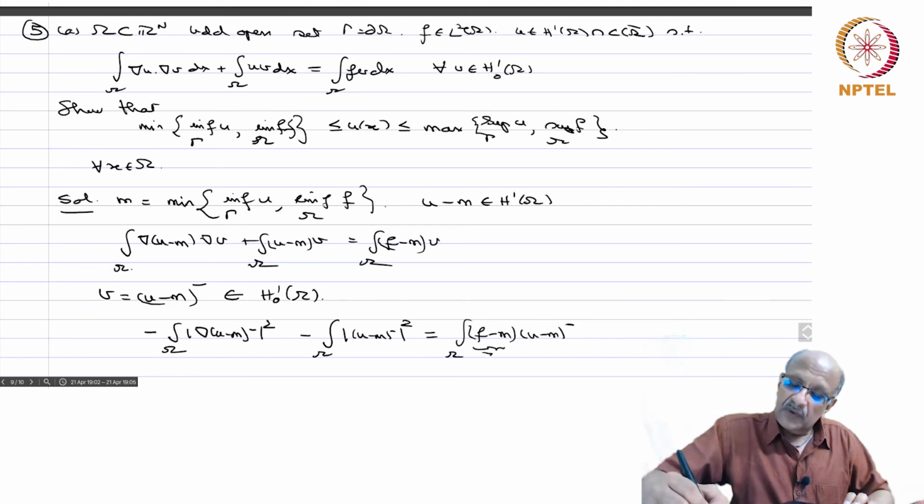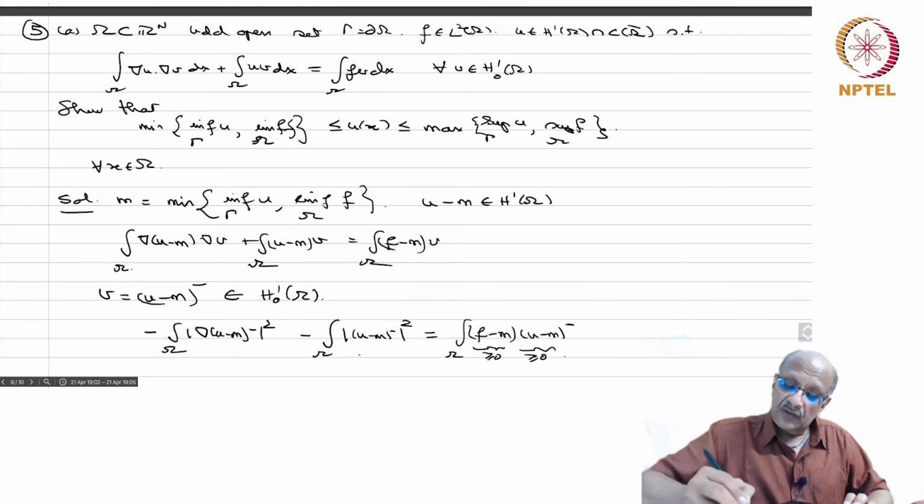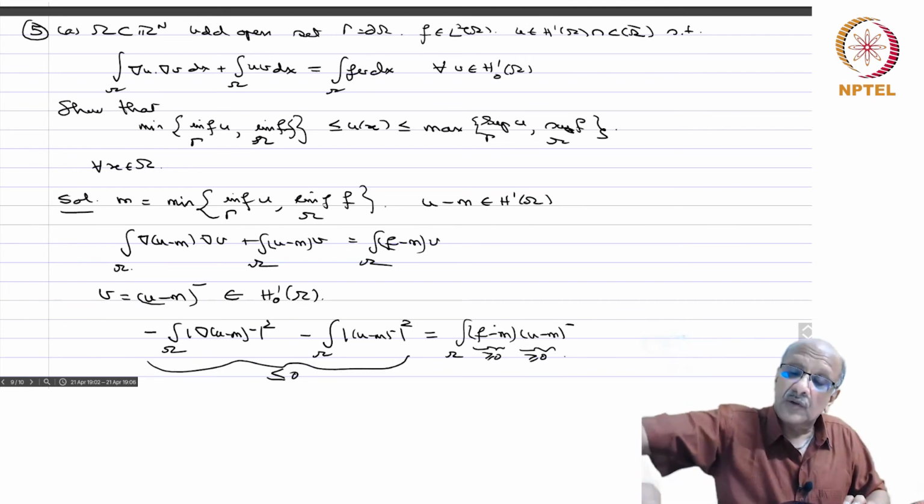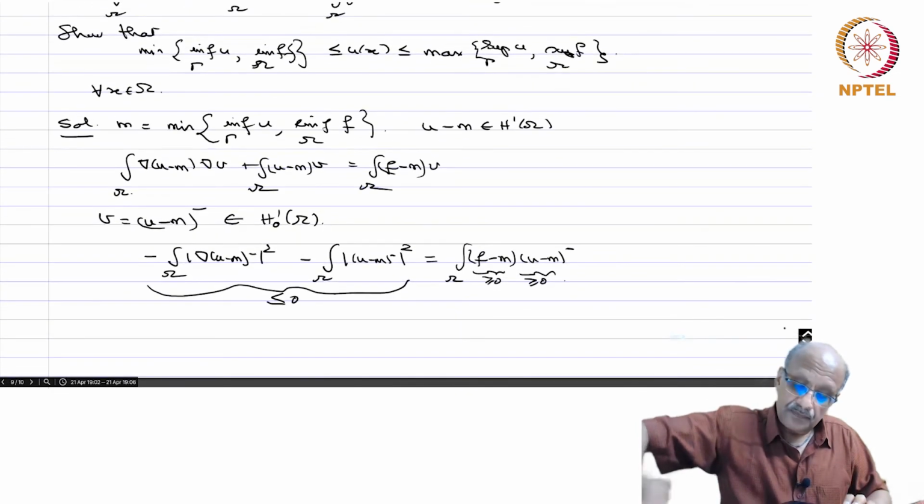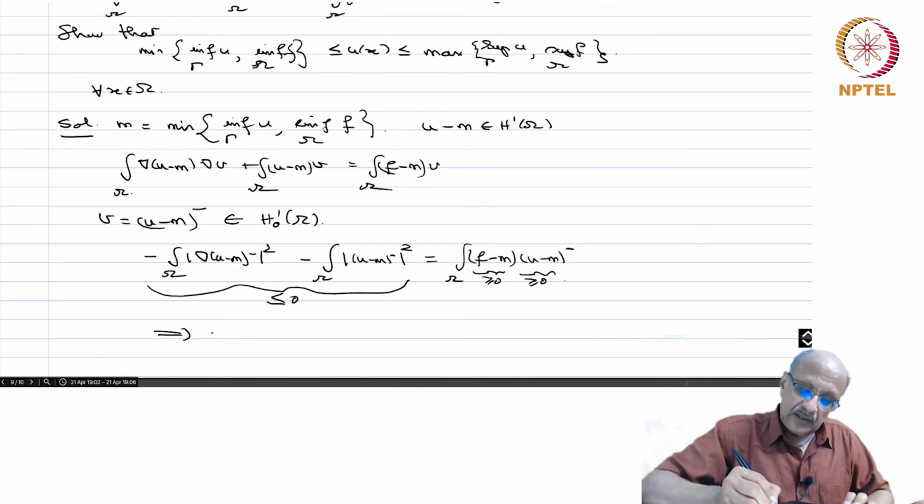Now, f minus m is non-negative. So, this is also non-negative. So, this side everything is non-negative and this side everything is less than or equal to 0 and therefore, you have equal to 0, and this implies that u minus m minus equal to 0, which implies u equals m.